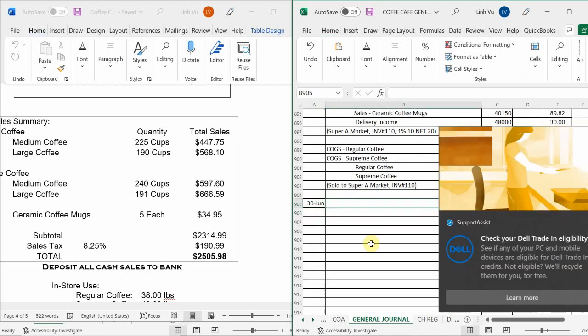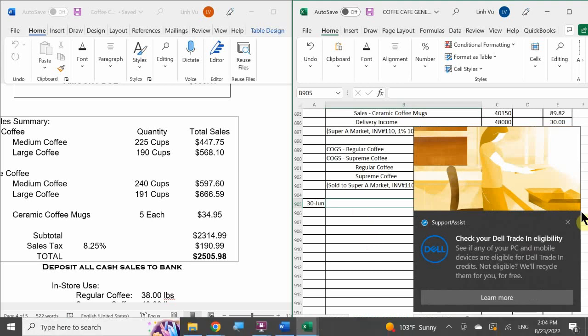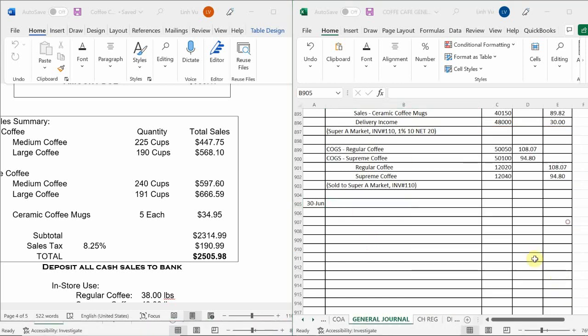We sold 225 regular medium coffees and sold 190 large regular coffees and 240 medium supreme coffees and 191 large supreme coffees and sold 5 ceramic coffee mugs.